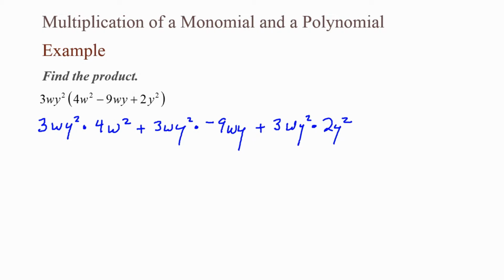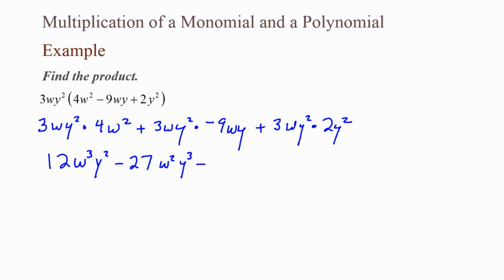Going back to our first term, 3 times 4 is 12. W times w squared is w to the 3rd, and then the y squared comes down. For my second term, 3 times negative 9 is negative 27. W times w is w squared. Y squared times y is y to the 3rd.